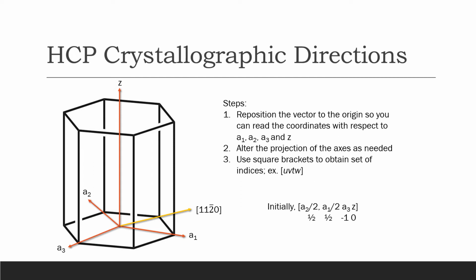The vector is also opposite the direction of the A3 axis, so that coordinate becomes -1. There is no direction attributed to the z-axis. The directional indices referenced to the 4-axis coordinate scheme is then changed to whole numbers and enclosed in a square bracket without spaces.